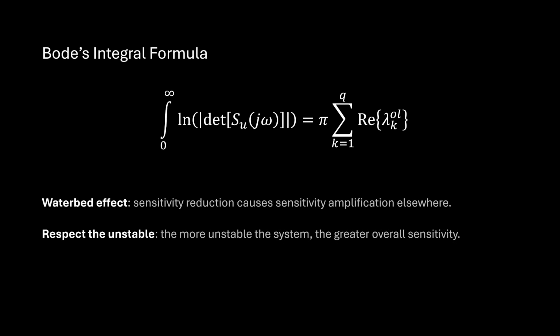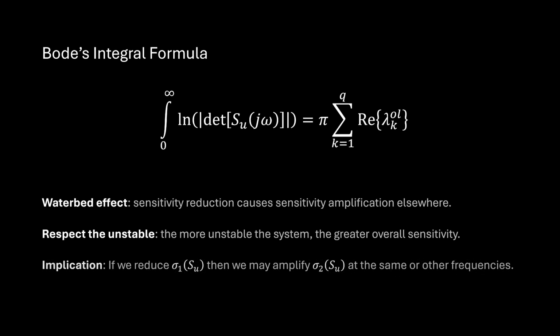The more unstable our open loop system, the larger the total volume of sensitivity we have to manage. And here's the practical implication. Suppose we aggressively tune the aileron channel for perfect tracking. Because of this conservation law, we may have inadvertently amplified sensitivity in the rudder channel, making the aircraft vulnerable to yaw disturbances without even realizing it.